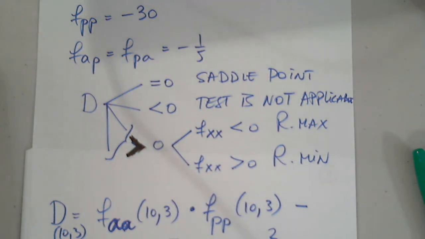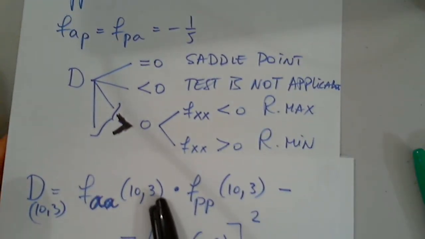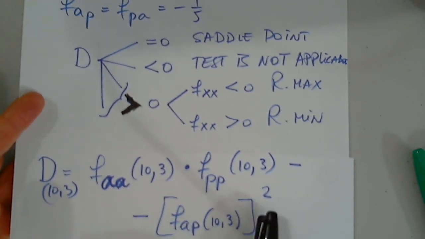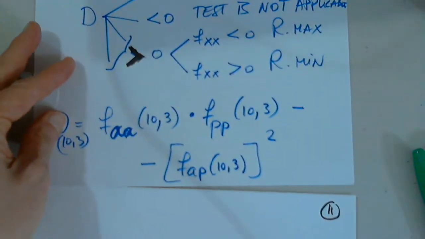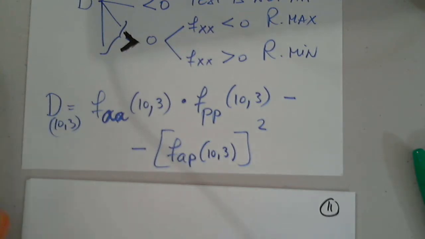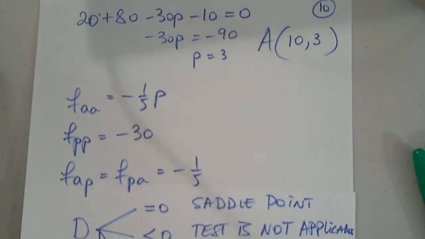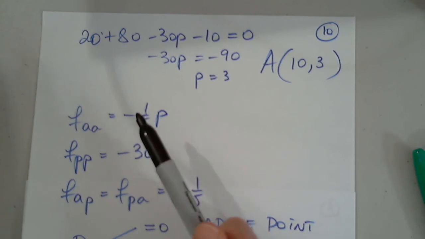So FAA evaluated at (10, 3), FPP, and then FAP at (10, 3). All these are evaluated and squared. Where am I? Okay, so I got FAA at (10, 3), there is no A, so it's just 3, so negative 3 over 5.